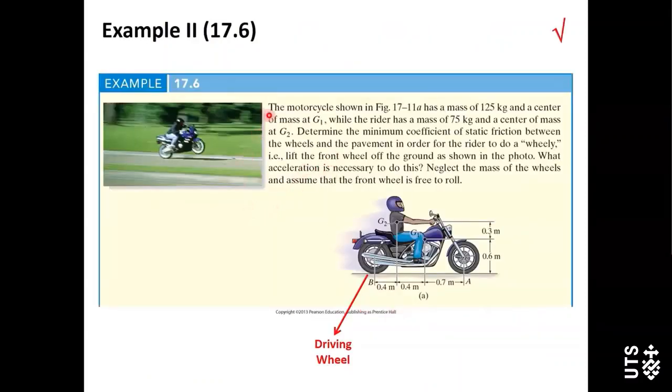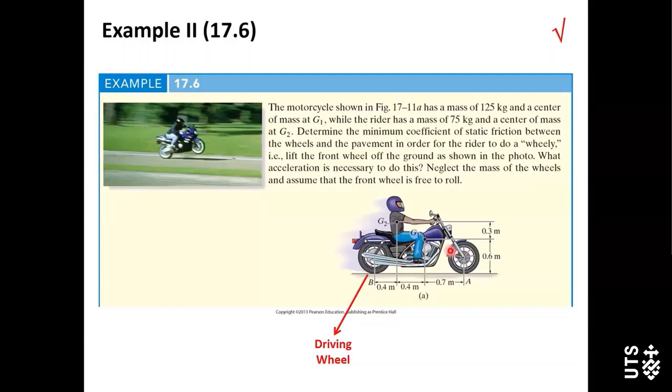Okay, now a problem. This is example 2. Here there's a motorcycle, and we know its mass is 125 kilograms.